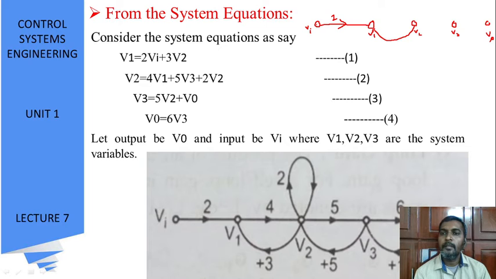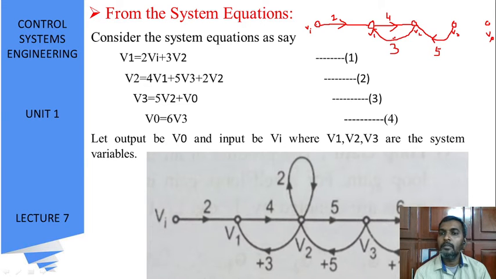This is my 3 V2. Coming to V2 equals 4 V1 plus 5 V3 plus 2 V2. So here the arrow representation takes a very vital role.